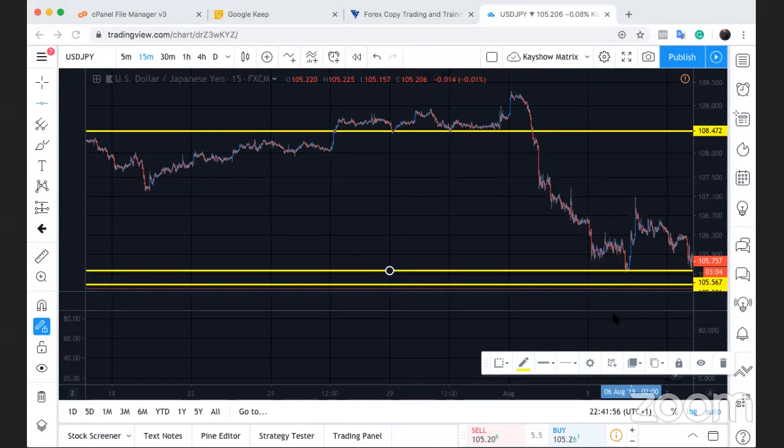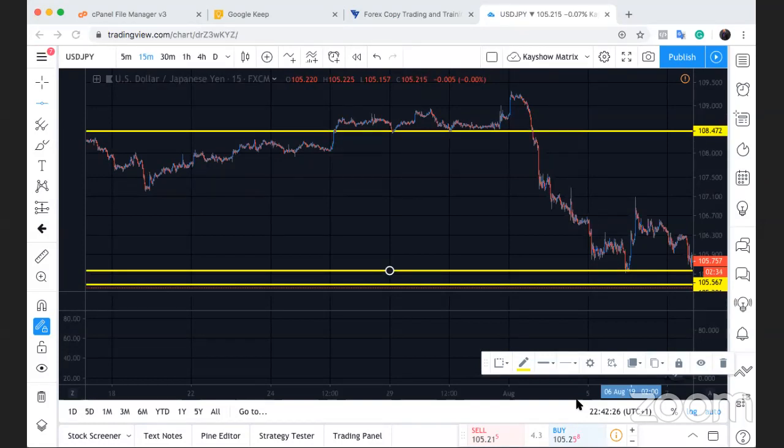DJ Meth, your question of how do I enter trade, stop loss, what is lot size, which lot size should I use? Your lot size, if your account is $100, your lot size should be 0.01 for $100.